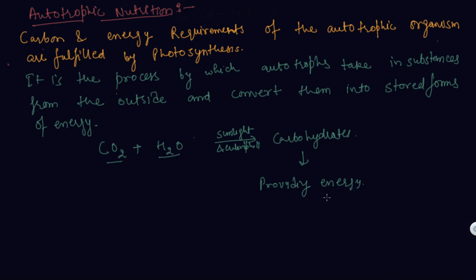The carbohydrates that are not used immediately are stored in the form of starch, which serves as the internal energy reserve. Like there are banks for the storage of money, starch acts as a bank for energy, used when required by the plants.